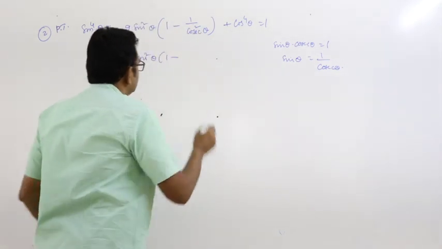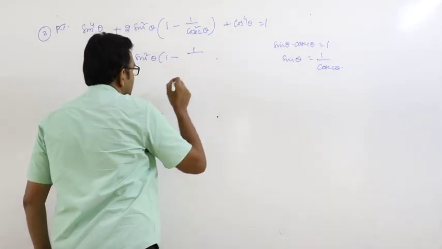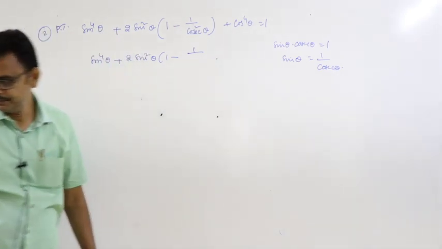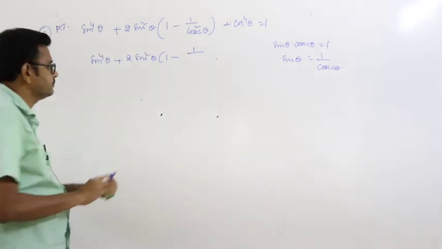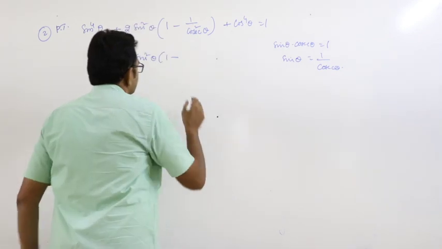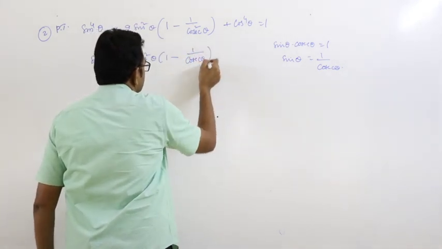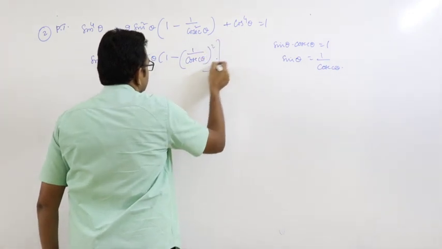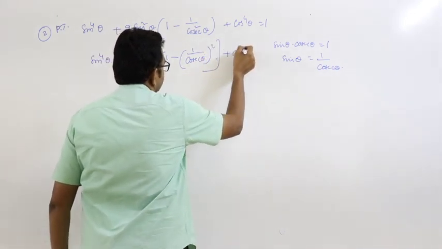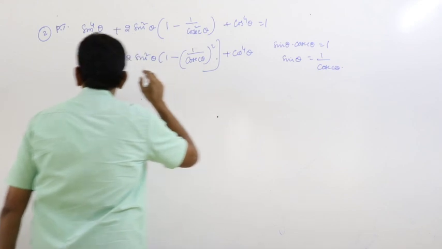So this is sin square theta. So this is 1 by cosecant theta whole square plus cos power 4 theta. I am taking LHS.